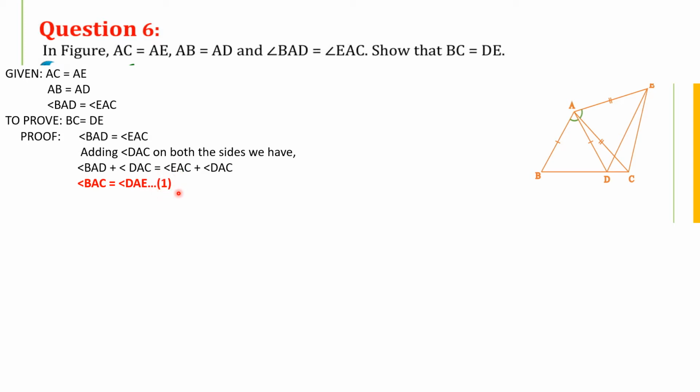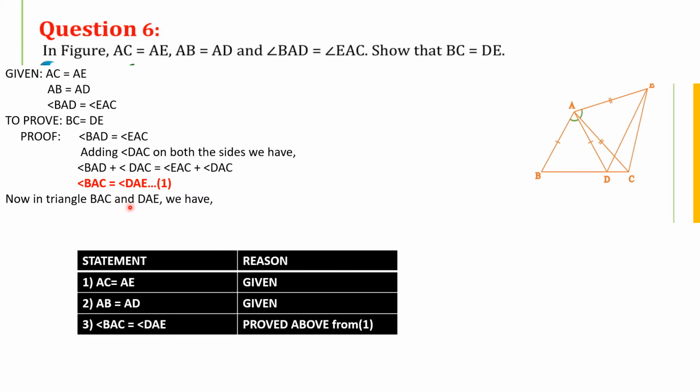Now let us take the two triangles. Now in triangle BAC and DAE, we are going to write the three equal parts. First one is AC is equal to AE, which is given. AB is equal to AD, which is given. And third, angle BAC is equal to angle DAE, just now we have proved from 1. So we can see that this is the congruency rule of SAS, that is side, angle, side.